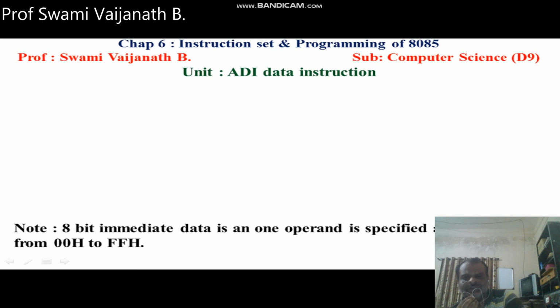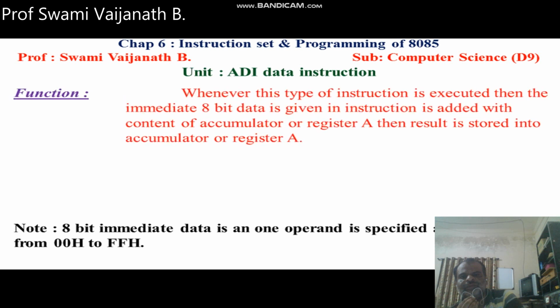Then the next instruction we discuss is the ADI instruction. That means this instruction adds 8-bit immediate data and accumulator content. Whenever this type of instruction is executed, the 8-bit immediate data given in the instruction, used as one operand, is from 00H to FFH.